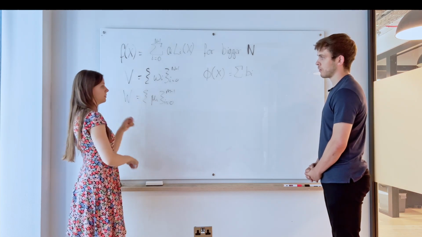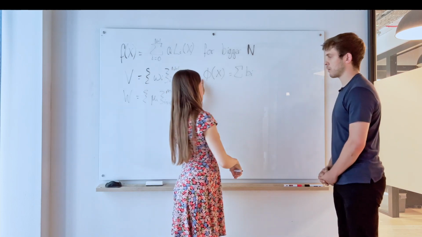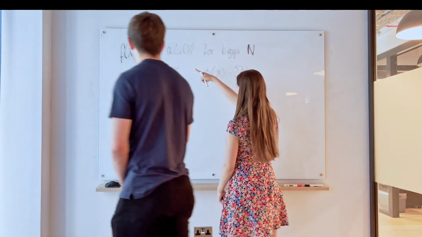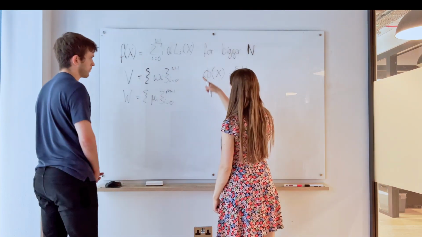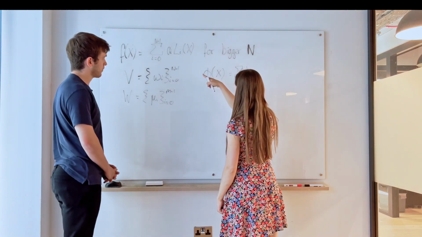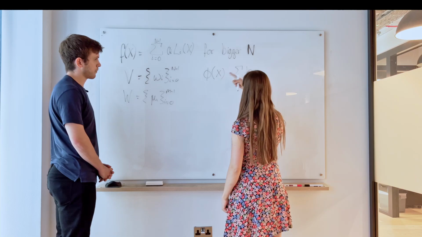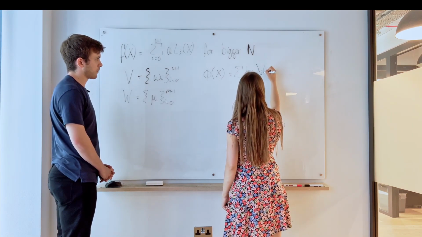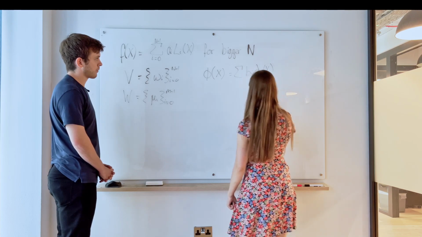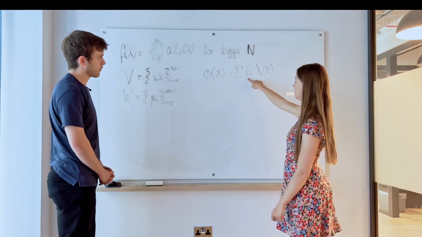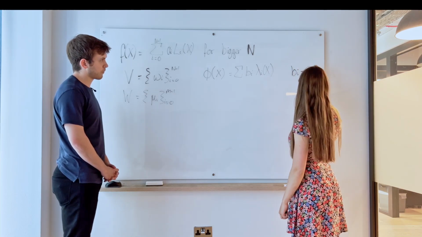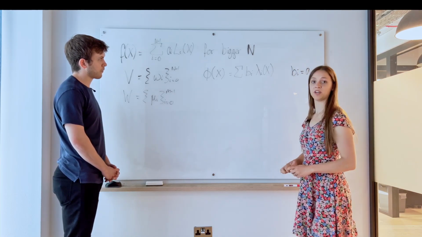So then we can have phi of x equal to b_0 times a different set of Lagrange polynomials. I'll use lambda: lambda_i of x. And we still want to prove that every b_i is equal to a_j for some j.